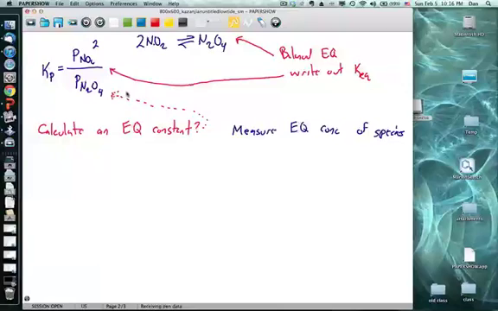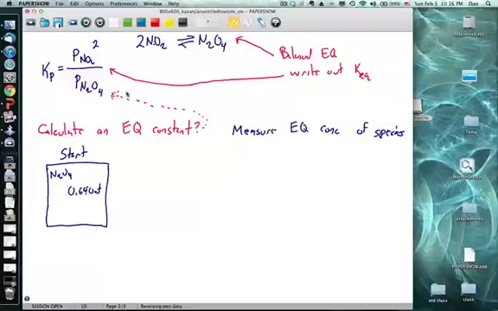So we have a reaction mixture. We're going to start with nothing but N2O4. We find that the pressure is 0.670 atmospheres at the start.